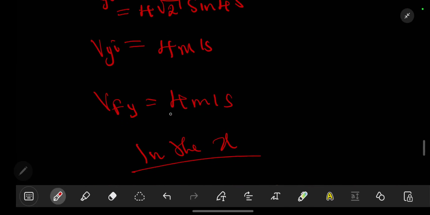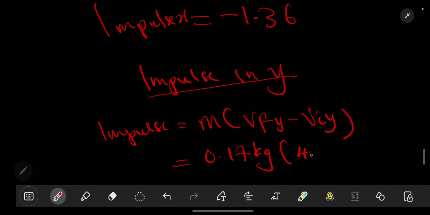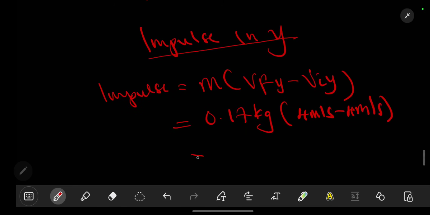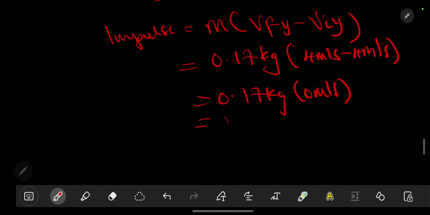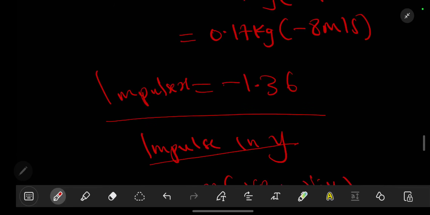Remember the final velocity is 4, initial is 4, so they are both positive. So we have 4 minus 4 meters per second, which gives 0.17 kg times 0 meters per second, equal to 0. So the impulse is 0 kg meters per second. That means the impulse is purely on the x-axis.